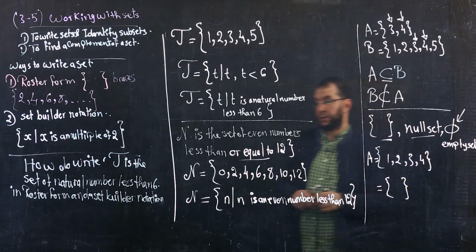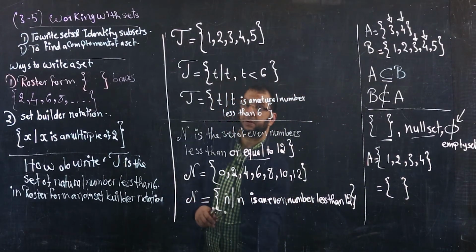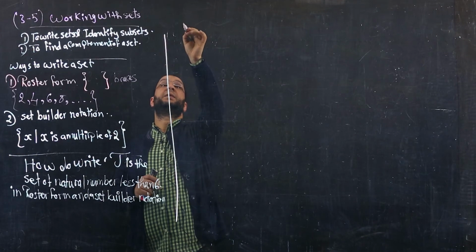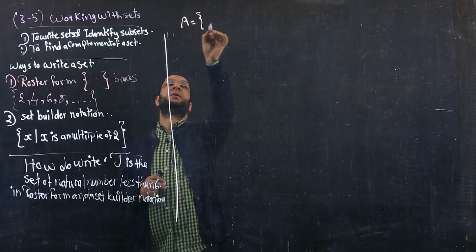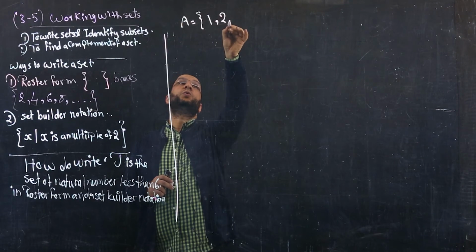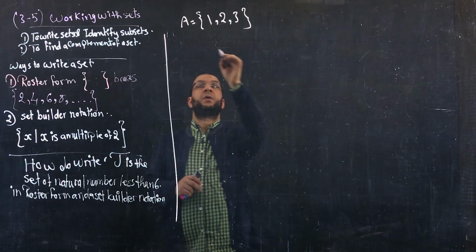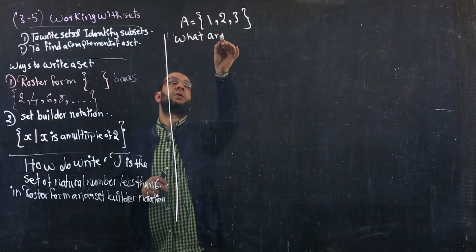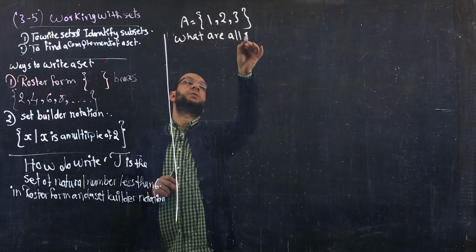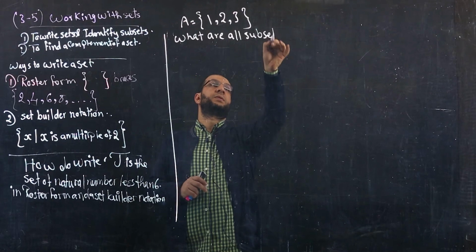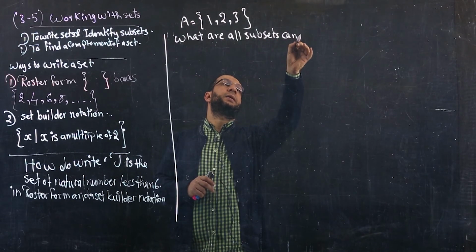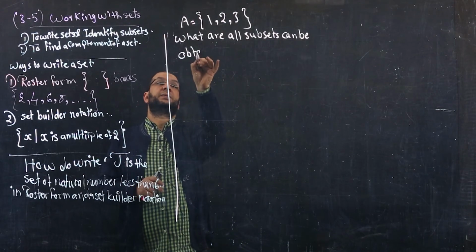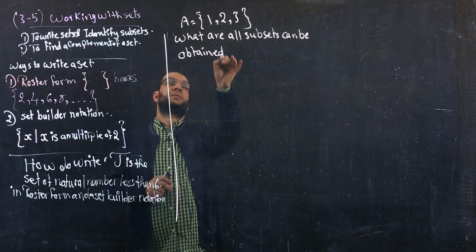Let's take another idea in the subset. If we say that A is 1, 2, and 3, what are all the subsets that can be obtained from A?